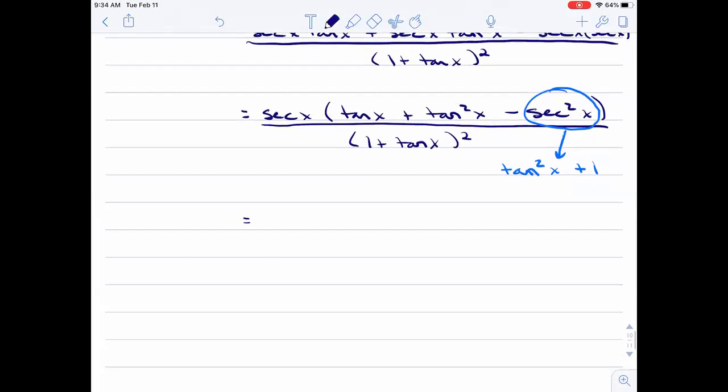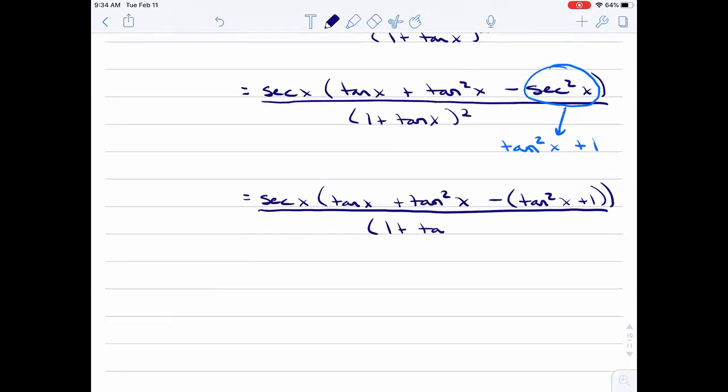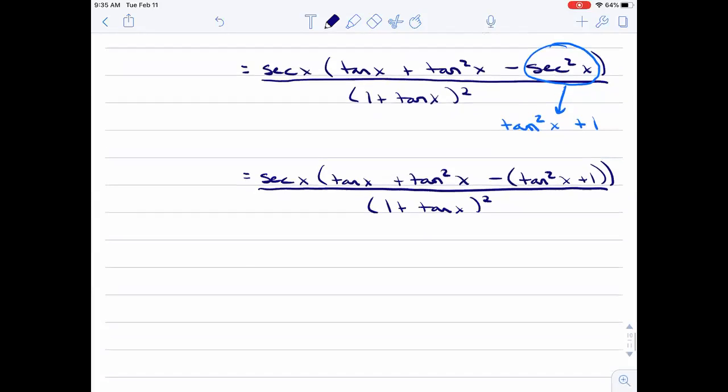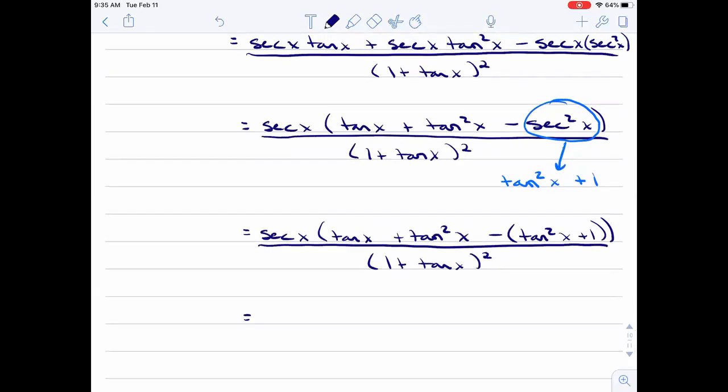So now we've got secant x all on the outside times tan x plus tan squared x minus tan squared x plus 1 inside the brackets, right? Or if you brought in the negative already, then that's good. Over 1 plus tan x squared. You can replace with tan squared x plus 1.